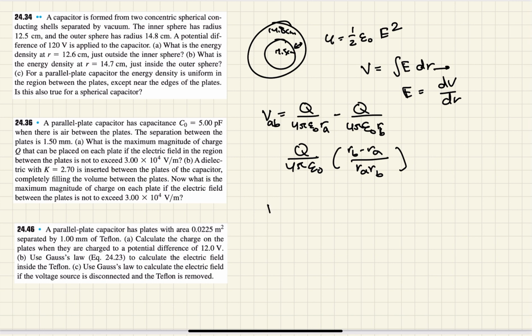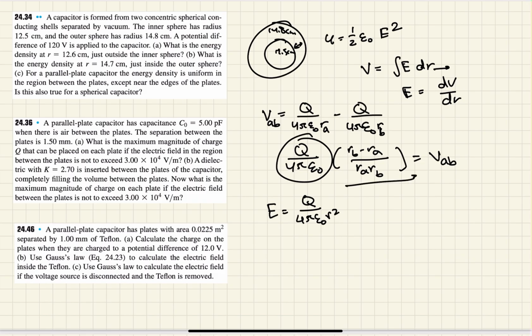And so what can we do from that? Well, we know that electric field is equal to Q over 4 pi epsilon naught R squared, because that's the formula for electric field. And we also know that this is equal to voltage from A to B. So if you want just Q over 4 pi epsilon naught, which is the same thing we have in this expression, we can just move this to the other side.